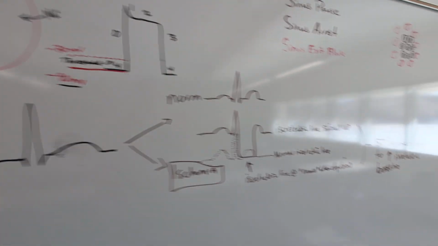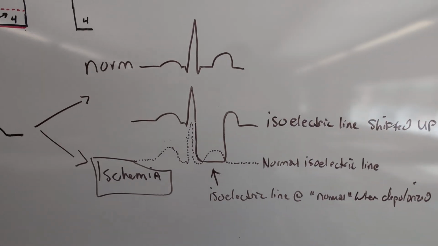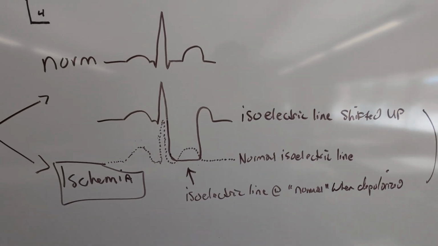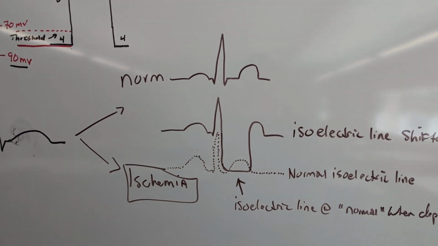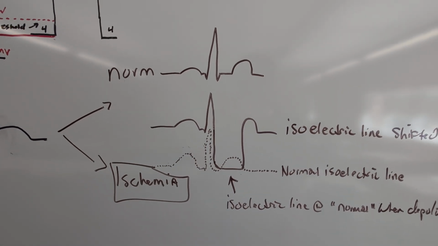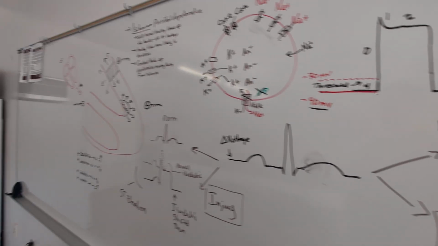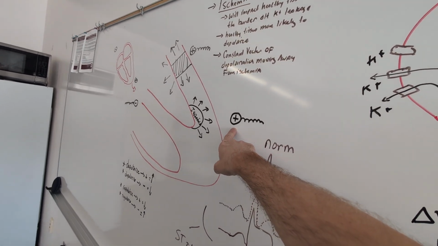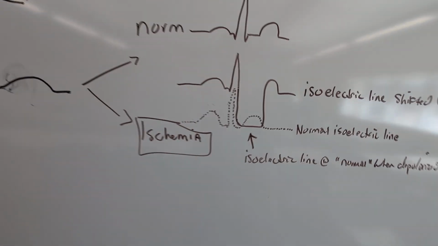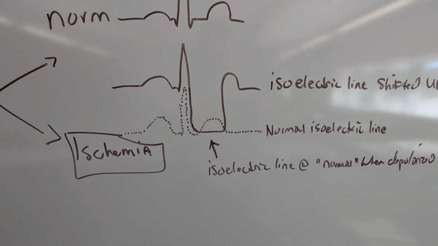And so the isoelectric line is going to get shifted up because you now have a constant vector of depolarization moving toward the positive electrode in those leads that are impacted.